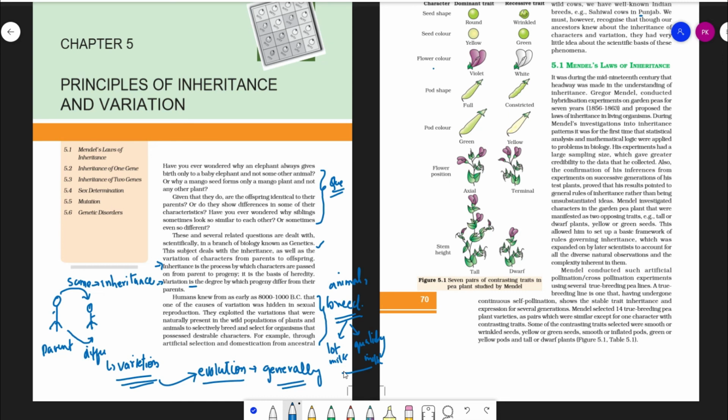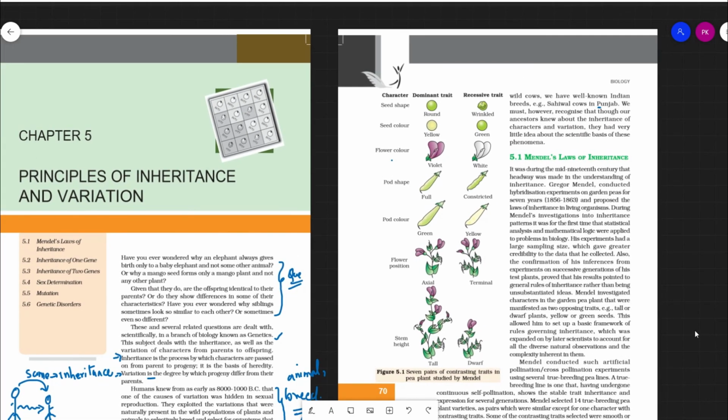They knew there was something that is transferred from the parents to the offspring, and they did not know how or why it transfers, or the mechanism, but they knew there is certain material transferred from the parents to the offspring. So they take a cow with one quality and a second cow with another quality, interbreed them, and make a breed which has both characters.